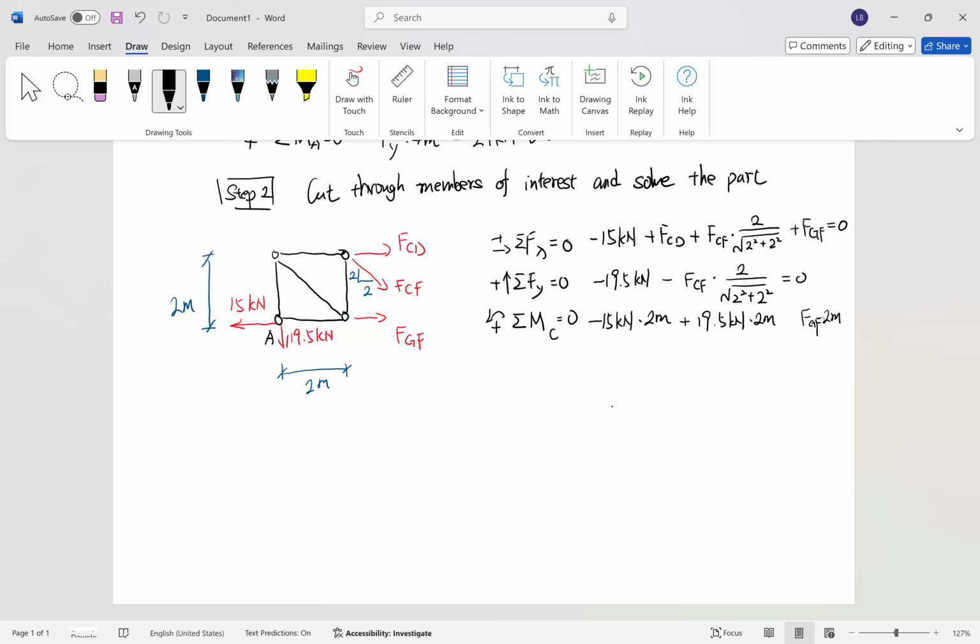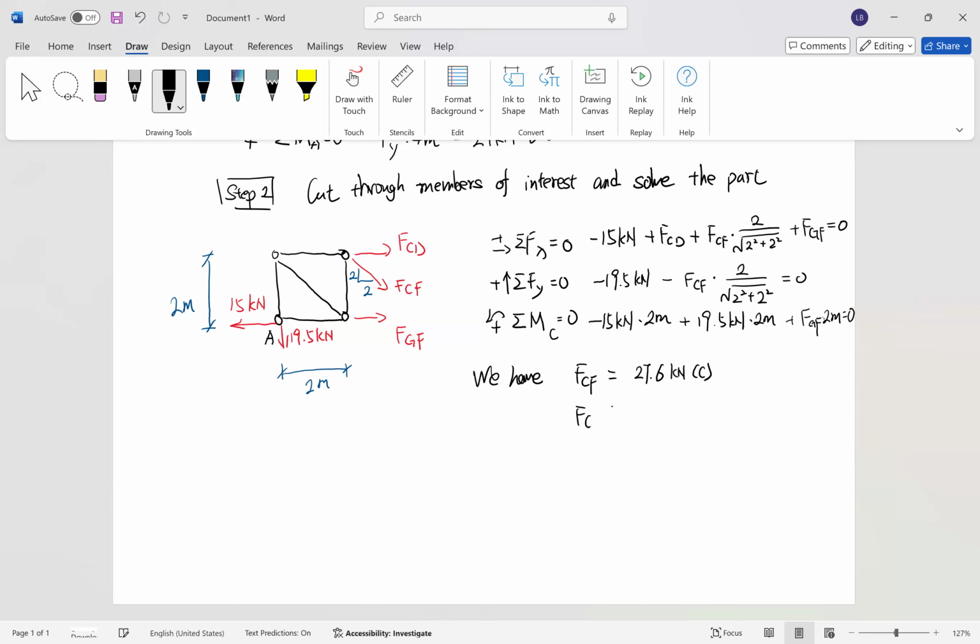It should be positive, and it is counterclockwise here. That equals to 0. Those are the 3 equations that we have here. By solving the 3 equations, we are going to see that FCF is a negative number. So that is correct. And the magnitude is 27.6 kilonewton.